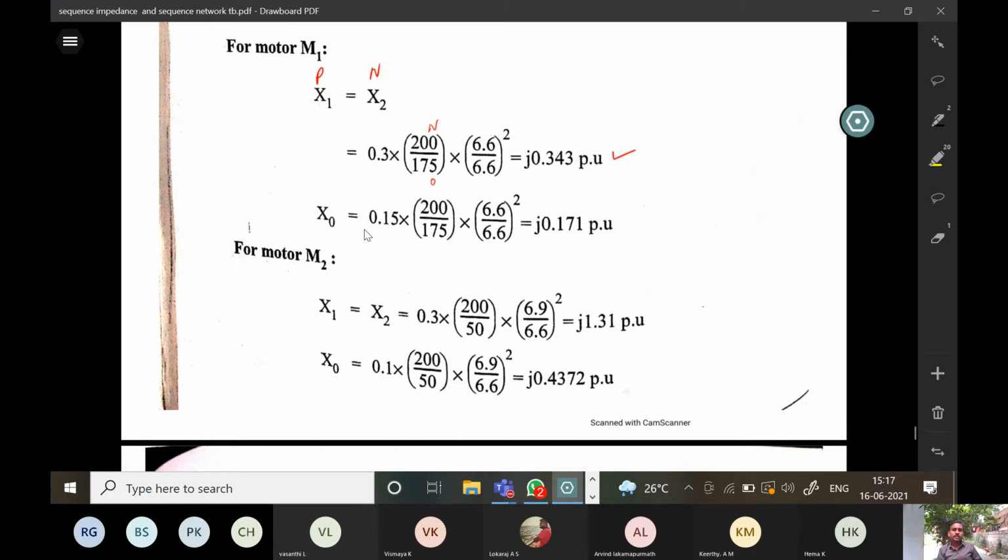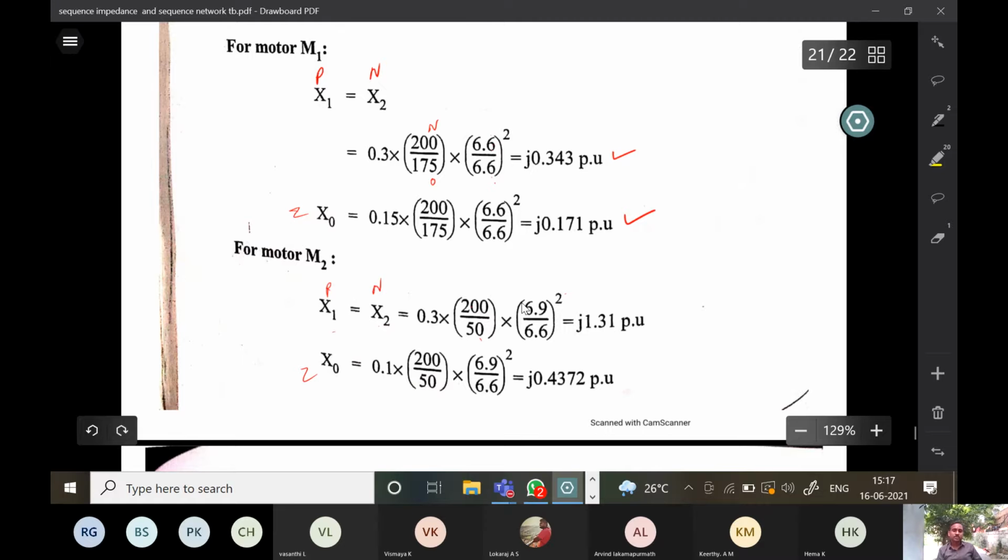And for x0, 0.15 is given. Remaining terms are the same. Calculated 0.171 per unit. For motor 2, it will change. So x1 and x2, positive sequence and negative sequence, are 0.3 given. Converted into the new base: 0.3 into 200 by 50 into 6.9 by 6.6 squared. In the earlier case both are 6.6.